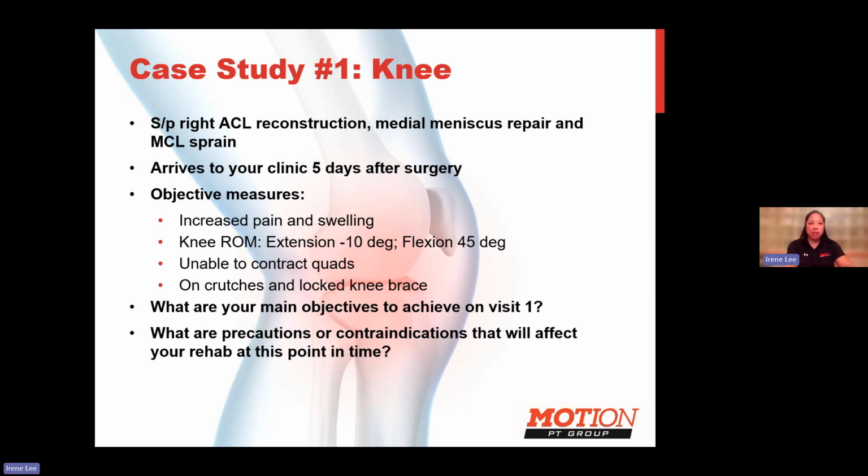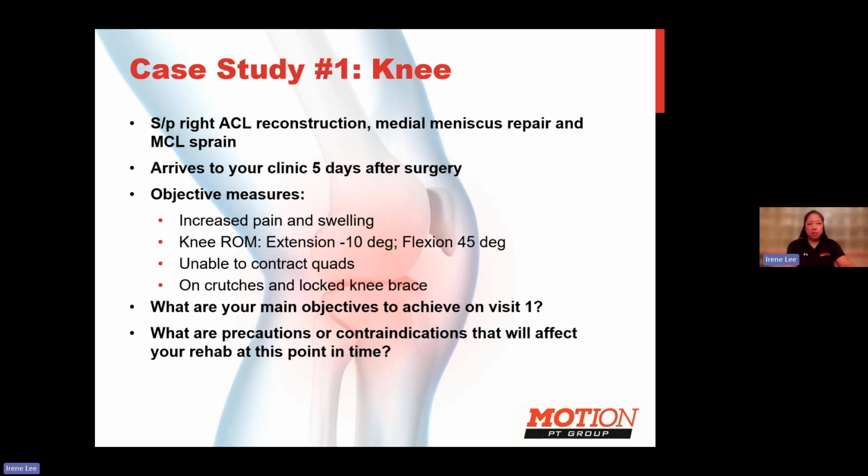Of course, I start with a wonderfully complicated case. Looks like we've got one vote for knee extension as an objective. Yes, absolutely.